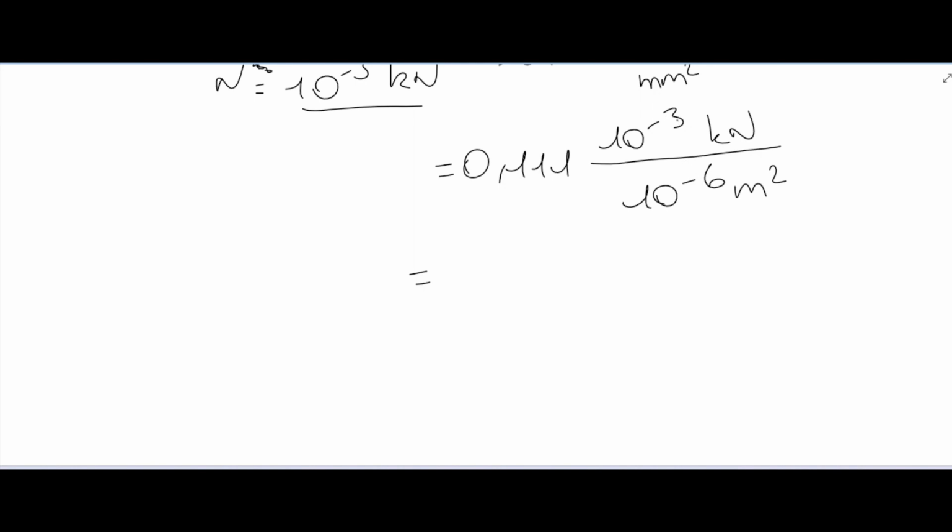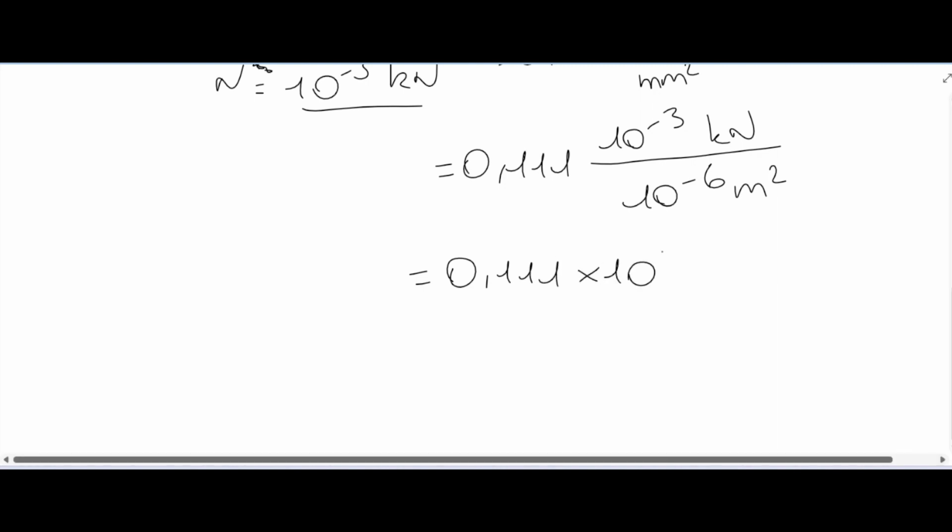When there's a division, then the powers subtract from each other. So it's the same as 0.111 times 10 power minus 3 minus minus 6, so it would be 10 power 3.